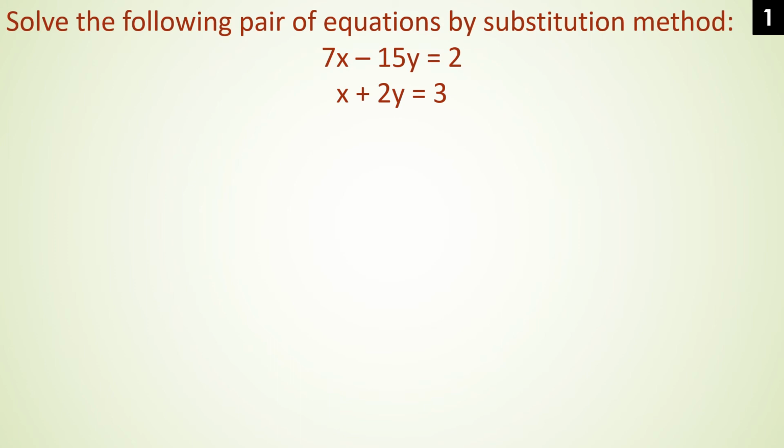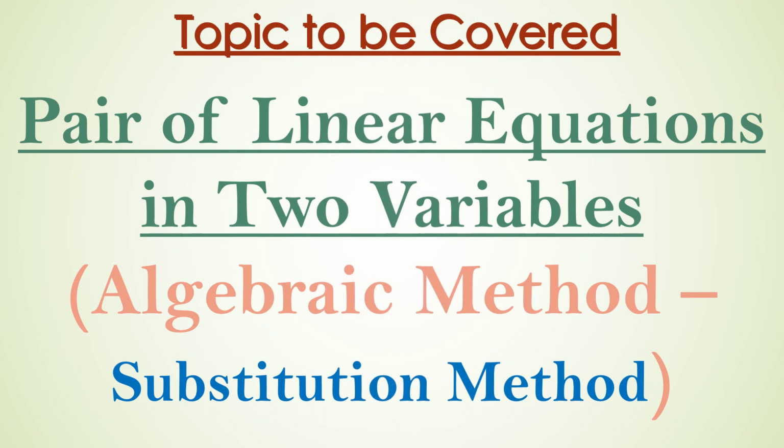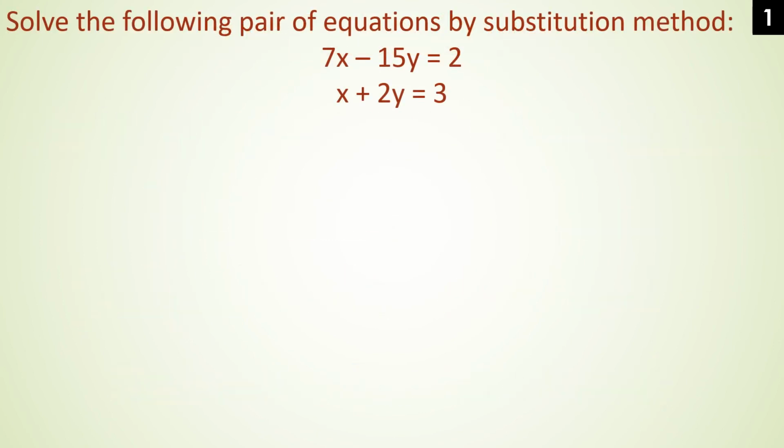Here, the given problem says we have to solve the following pair of equations by substitution method. 7x minus 15y equals 2 and x plus 2y equals 3. Let us mention that this is the first and this is the second equation.